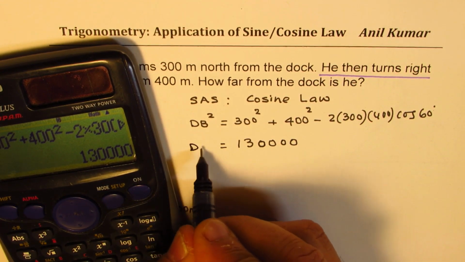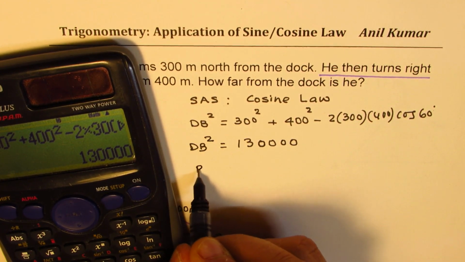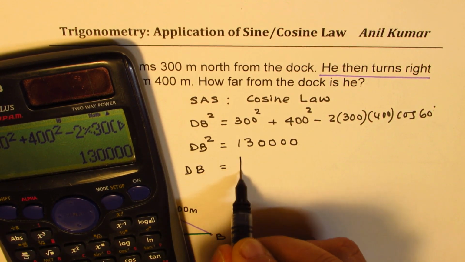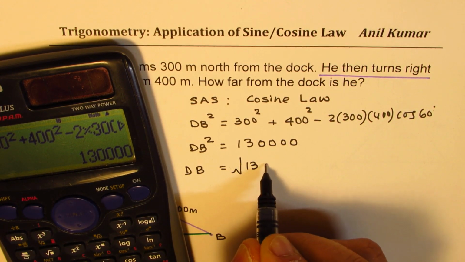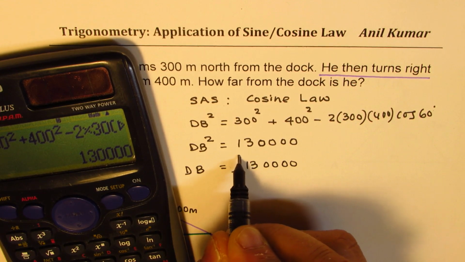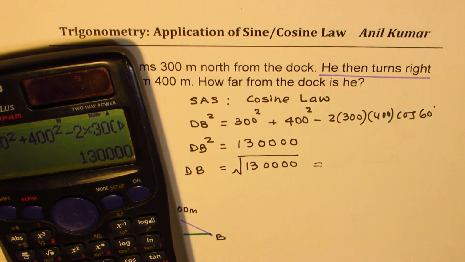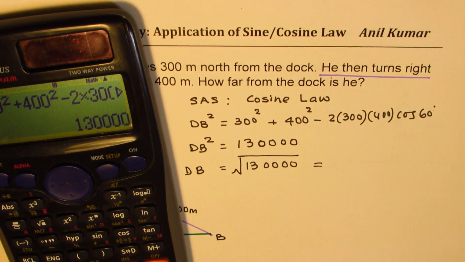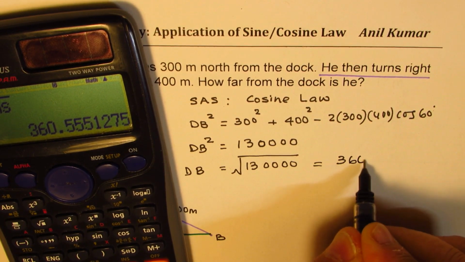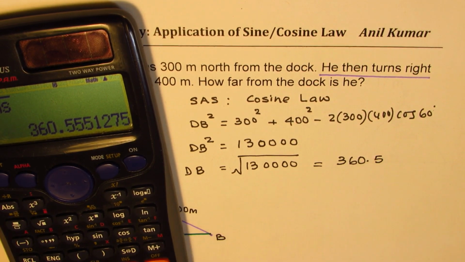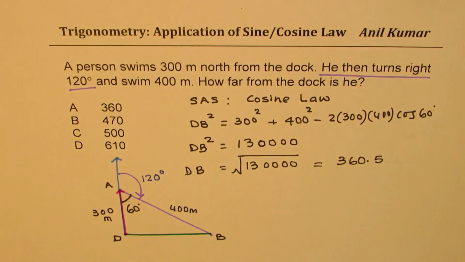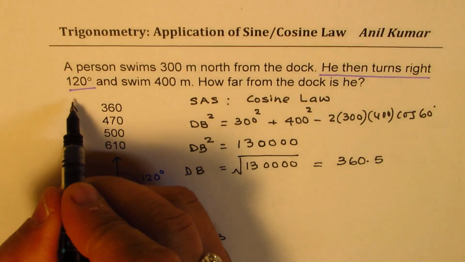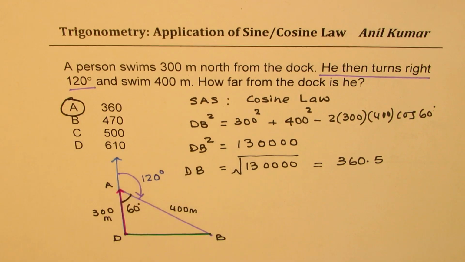So that is DB square. So DB is equal to square root of this number, 4 zeros. So square root of our answer is equal to 360. The closest answer which we have here is option A, so we'll take that as our answer.